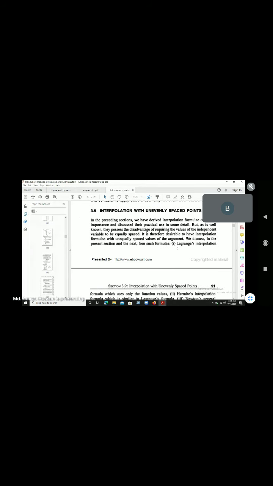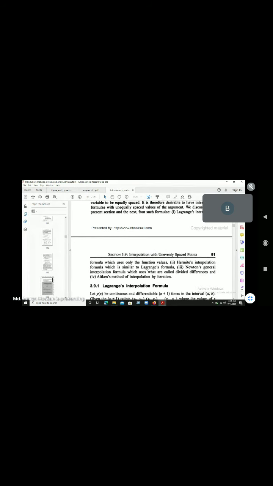If you know only one method, I think it's enough to solve these types of problems. No need to run all the methods here. Newton's general interpolation formula uses the divided difference. This method is also important, but I'm not going to discuss it. I think Lagrange interpolation is enough; if you know this method, you can easily do it.